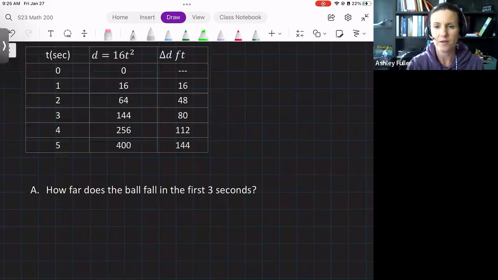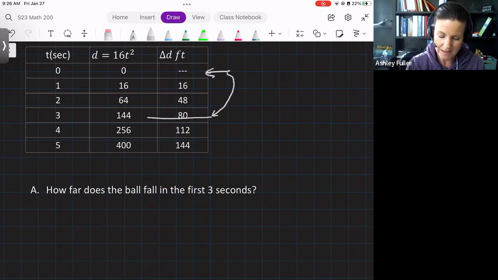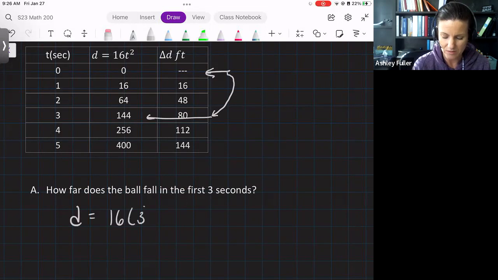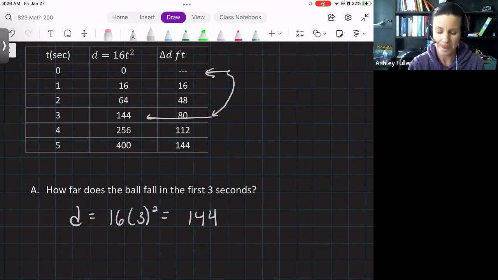To figure out how far the ball falls in the first 3 seconds, notice at time 0, the ball has fallen 0 distance. However, in 3 seconds, the distance can be calculated by d equals 16 times 3 squared, which results in 144.